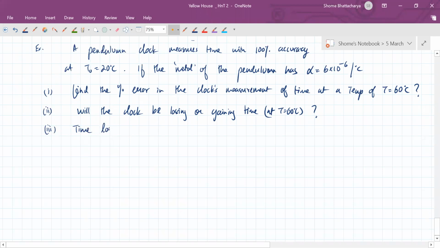Find the time lost or gained in seconds per day.